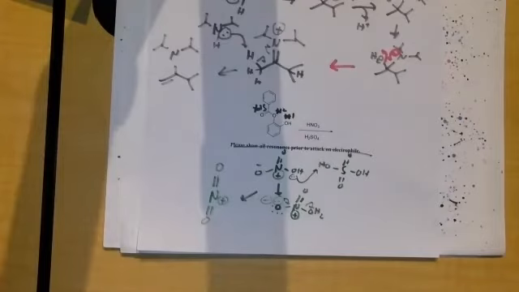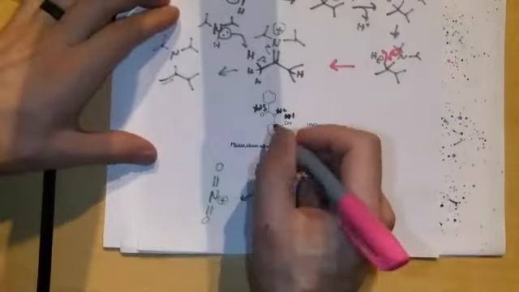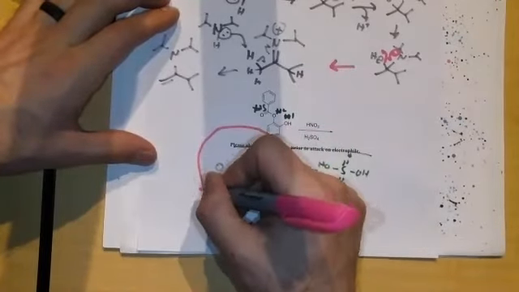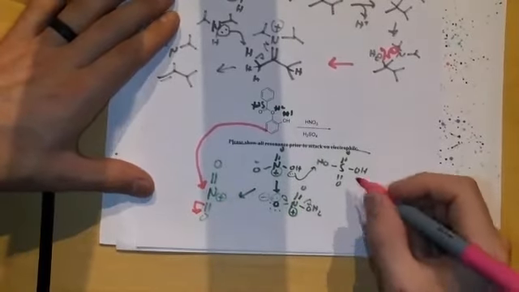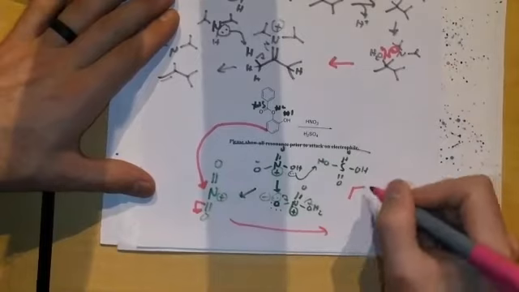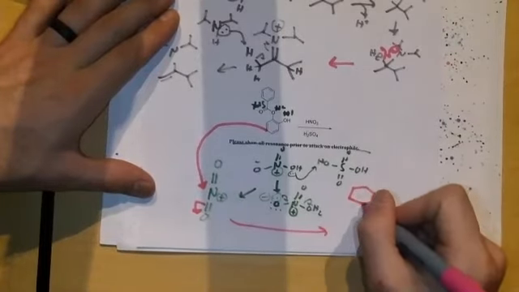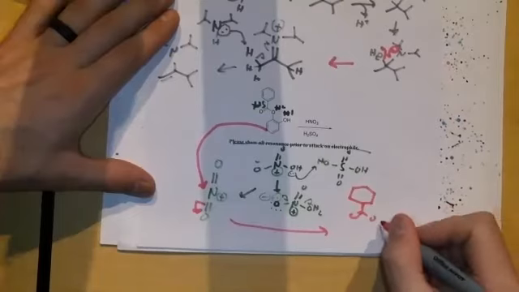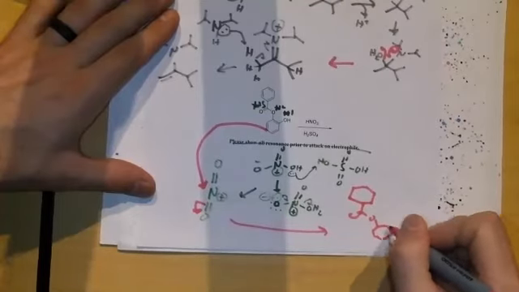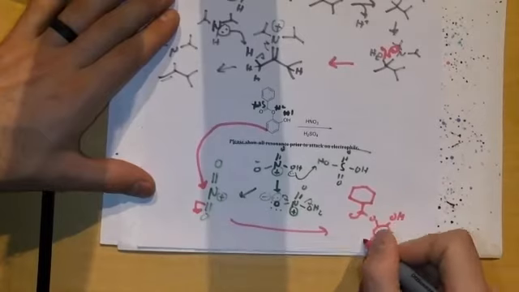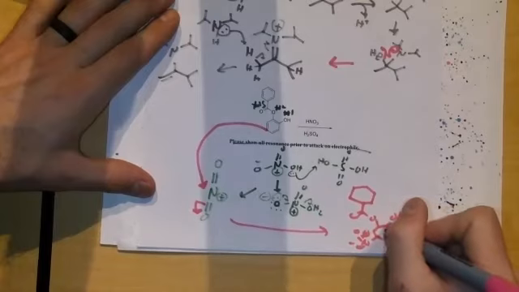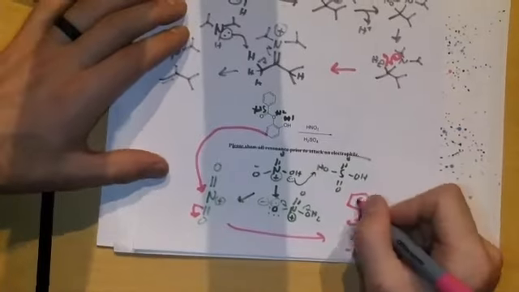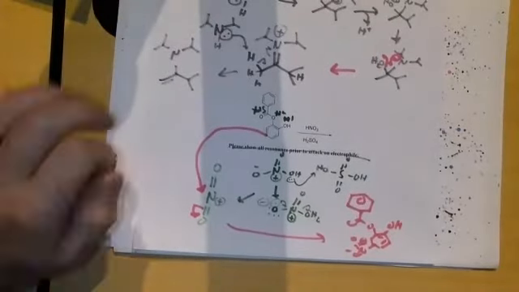From here, you could draw the ortho or the para product. I'm going to draw the para. So I'm going to have my para position come in and attack. We are going to break our aromaticity.